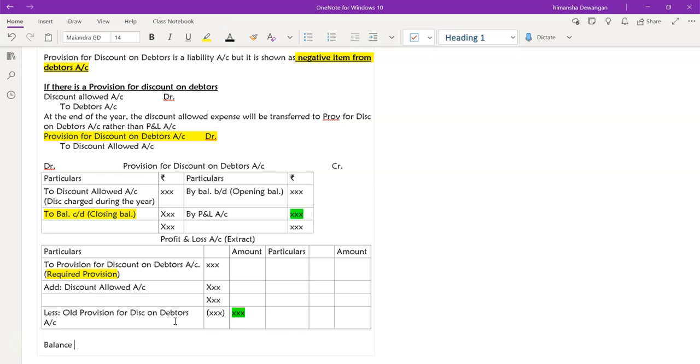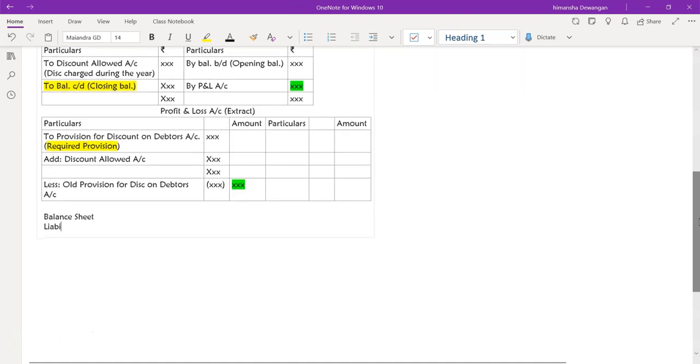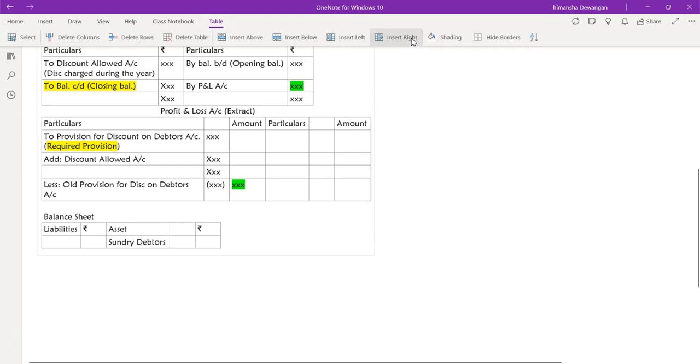Now, how do we calculate this closing balance? Liabilities, assets. We have here sundry debtors, right? We have this sundry debtors.